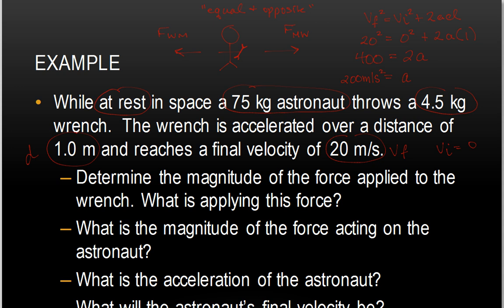So determine the magnitude of the force applied to the wrench. Well, force applied to the wrench, that would be the mass on the wrench. That's going to be ma. Which mass do I use?